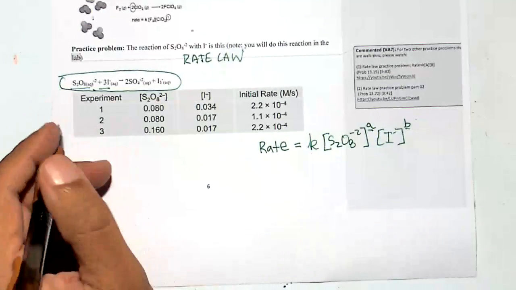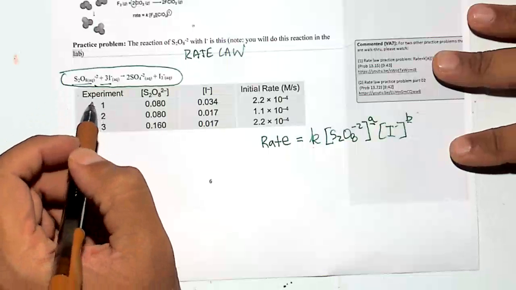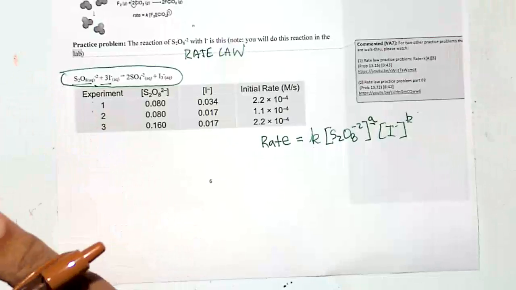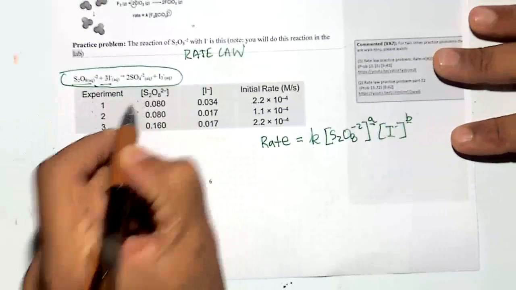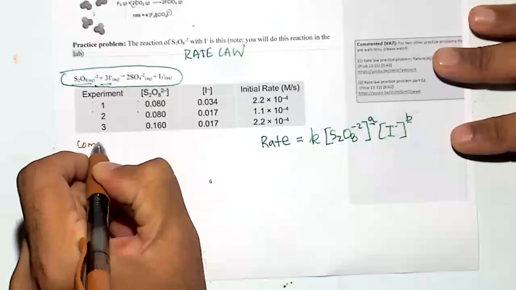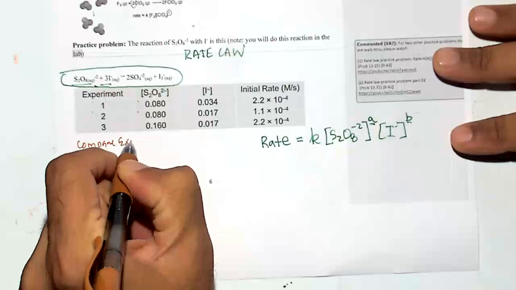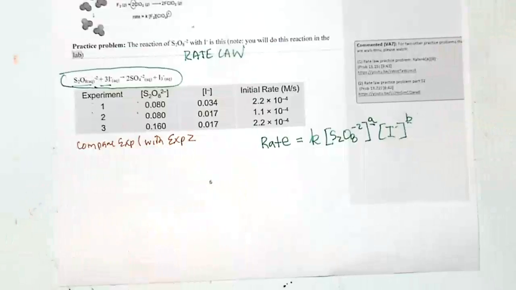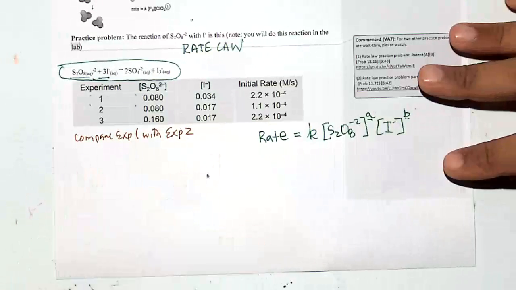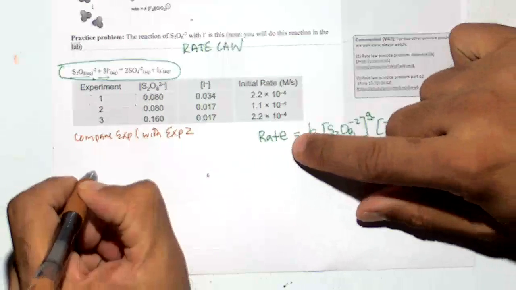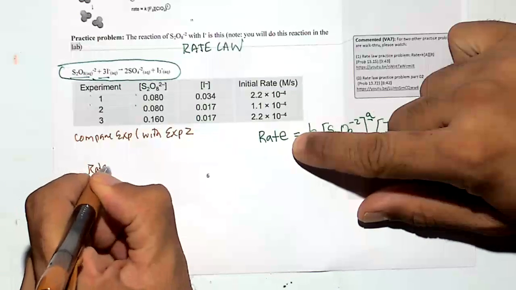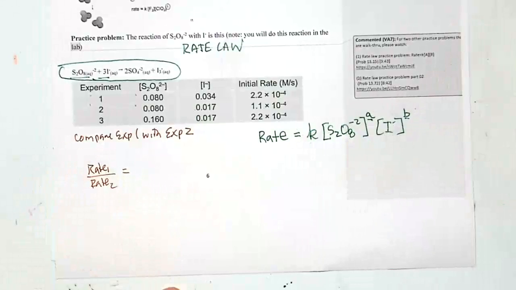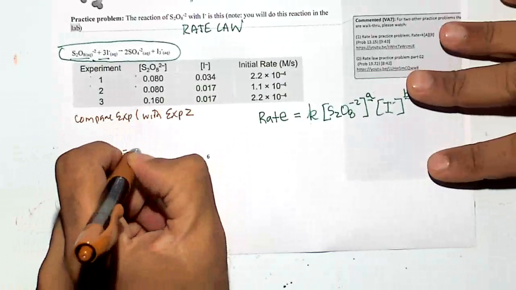The first thing we want to do is compare some of these trials. Let's compare experiment 1 with experiment 2. You can do any order; I'll just do 1 and 2. So we have the rate for experiment 1 divided by the rate for experiment 2.